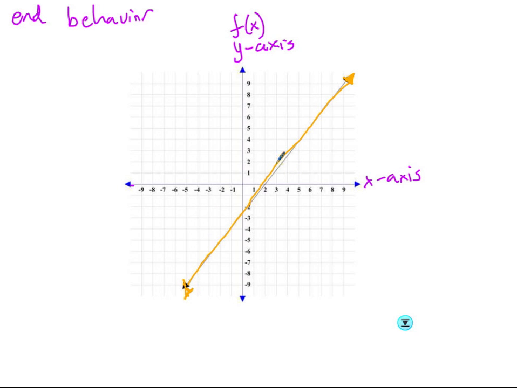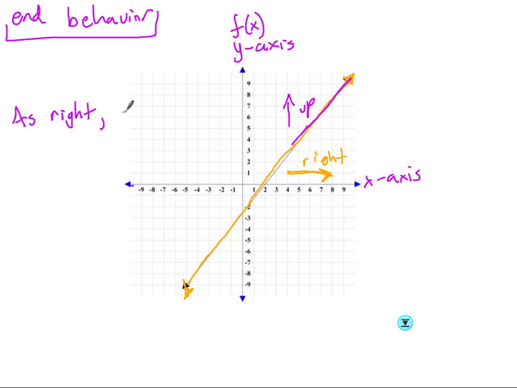Now, I want to ask you this question. As I'm going to the right, is the graph going up or down? Well, you can clearly see that as you're going to the right, this graph is moving up. So this is what we mean by end behavior. Now, you wouldn't write it like this: as you go to the right, the graph goes up.